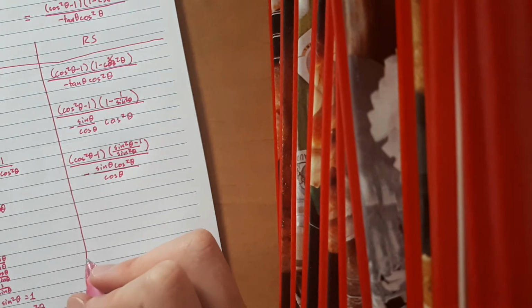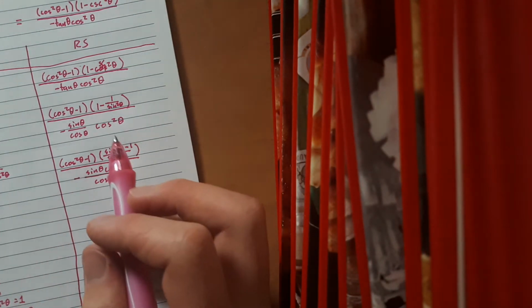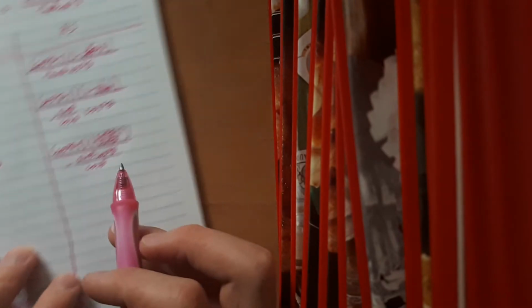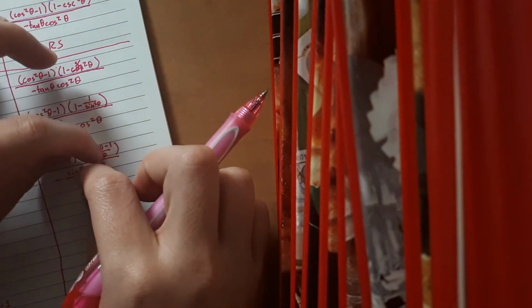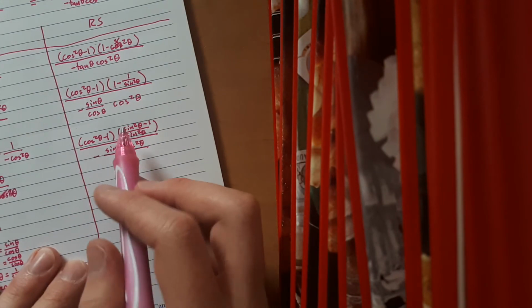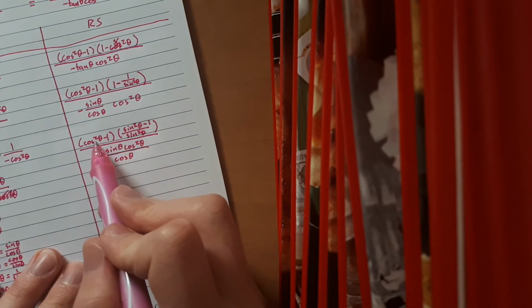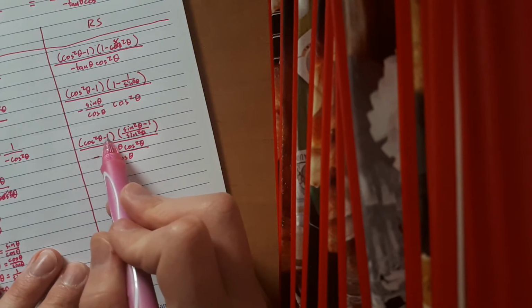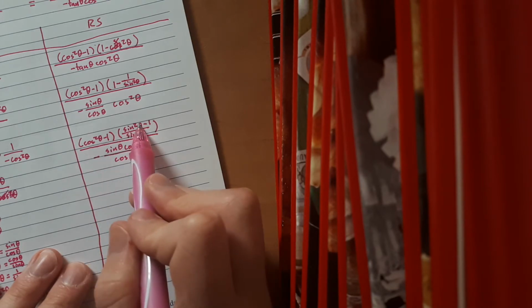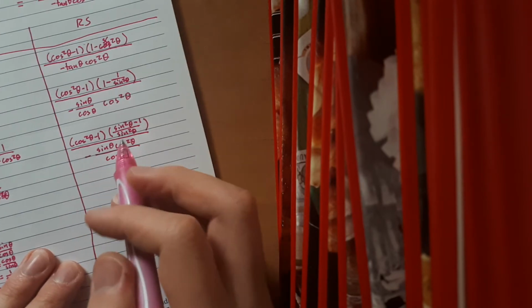So next, what we're going to do is what we did earlier, and we're going to take these two fractions and separate them into a multiplication. So before we do that, let's note that cos squared theta minus 1, we can multiply that to the numerator up here.